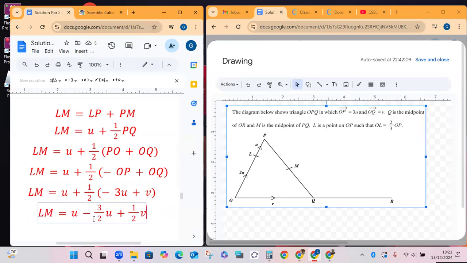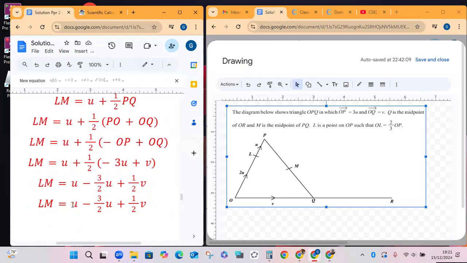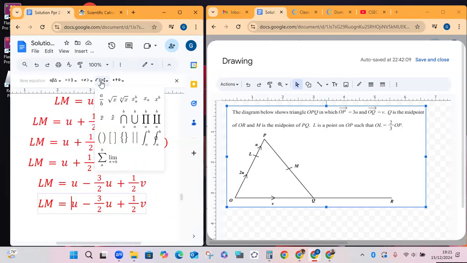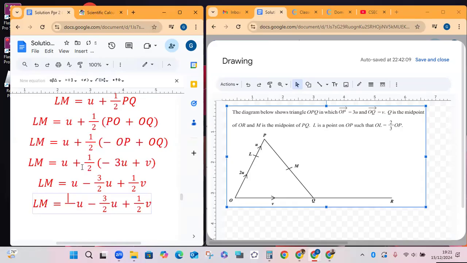So now we can simplify u minus 3 over 2 u. Because we are subtracting fractions, we need a common denominator. 1u can be written as 2 over 2 u. 2 over 2 is 1, just to get a common denominator of 2.